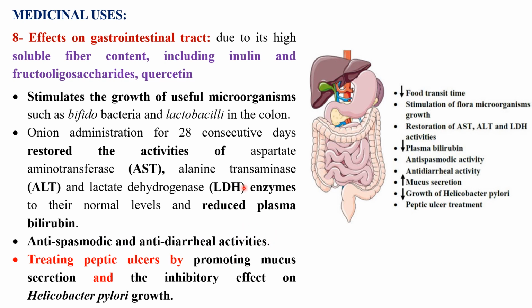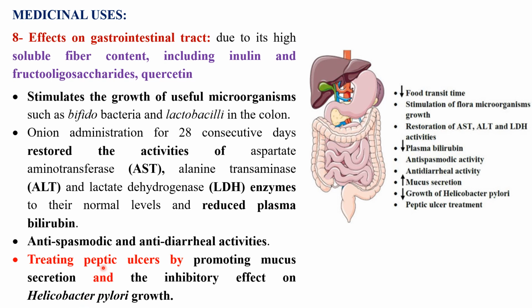The most interesting thing on this slide is that it could help patients with peptic ulcer due to Helicobacter pylori infection, because onions work with their antimicrobial effect against Helicobacter pylori, the bacteria causing peptic ulcer. It also promotes mucus secretion in the stomach, which helps in protecting the lining of the stomach from the effect of gastric acid.